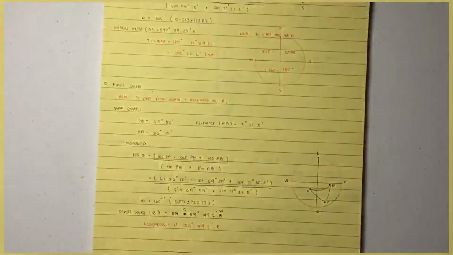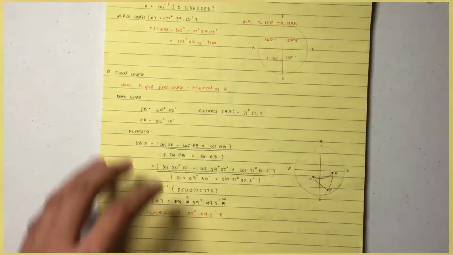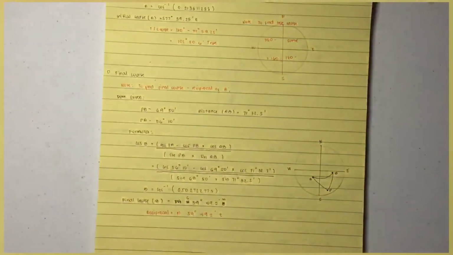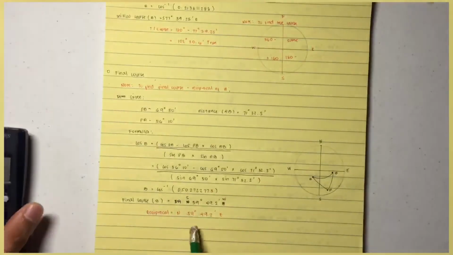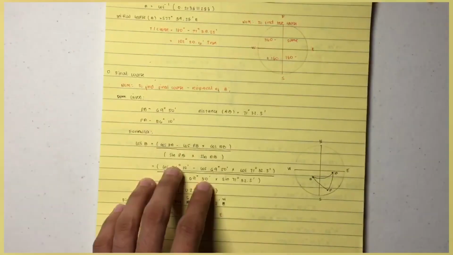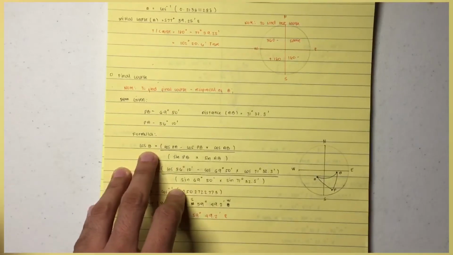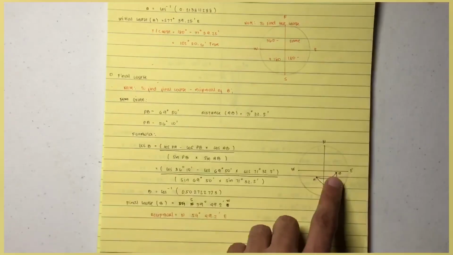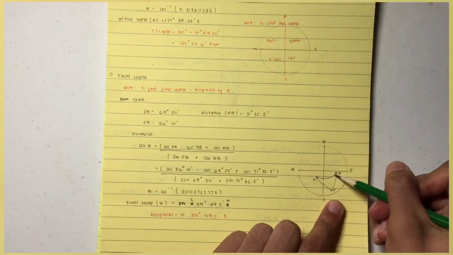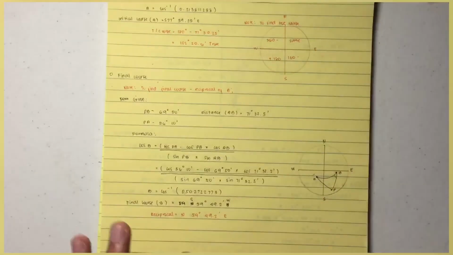Now we will move to our final course. To find the final course, we take the reciprocal of the course at B. Again, I have the givens here, but we will go directly to the formula. The formula is cosine B, which is here, because we need to find the final course from this point to this point, so it will be reversed.